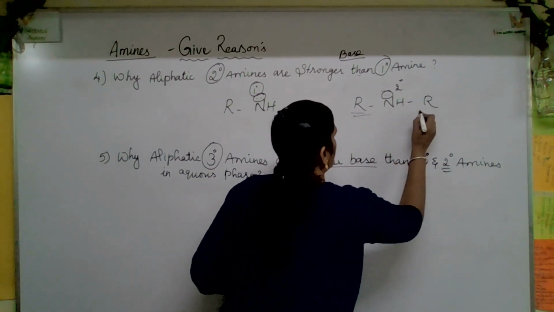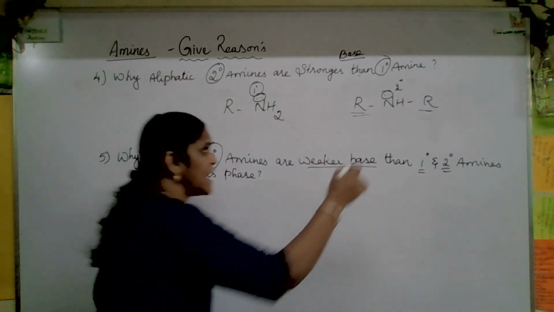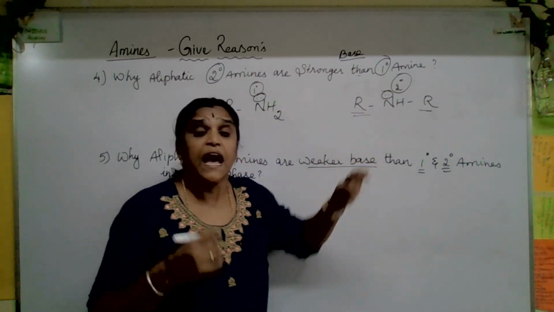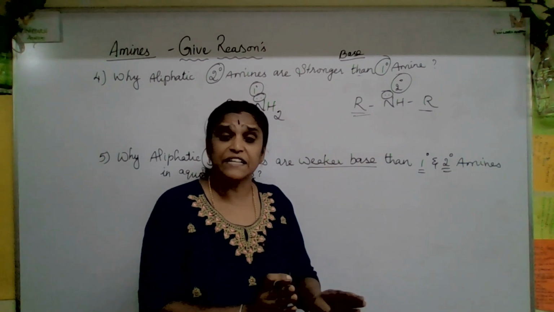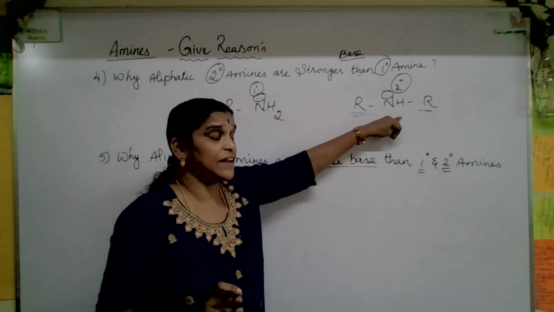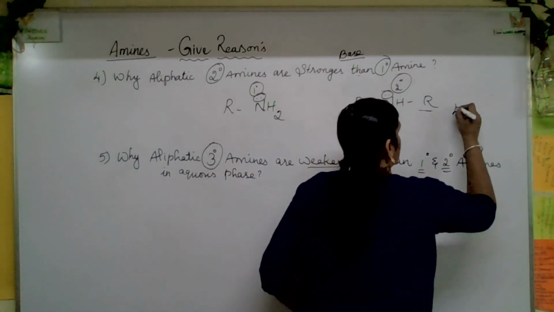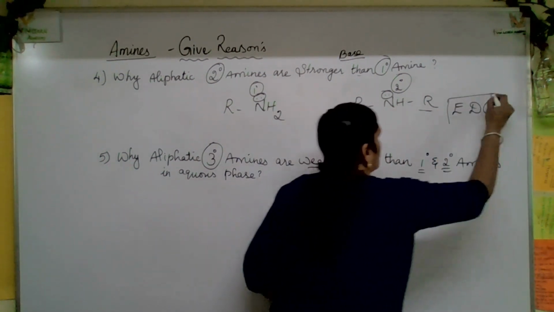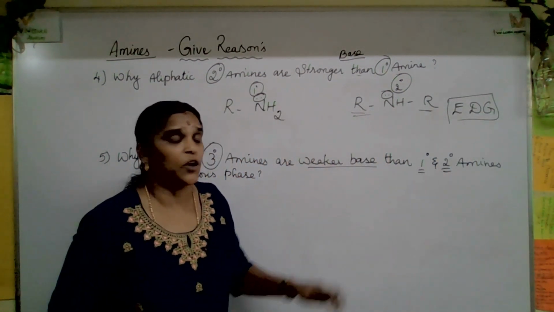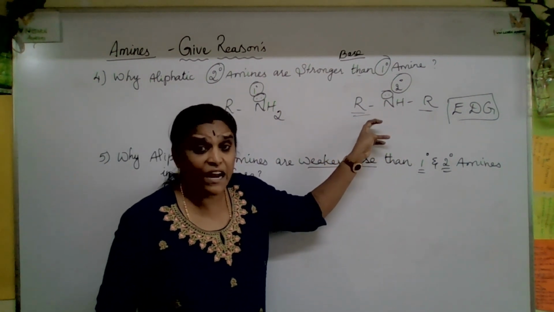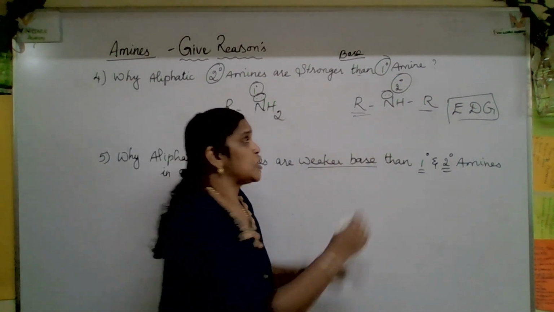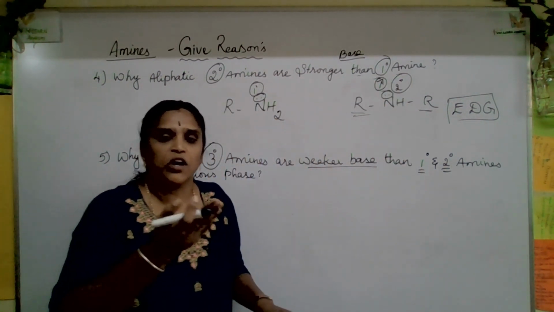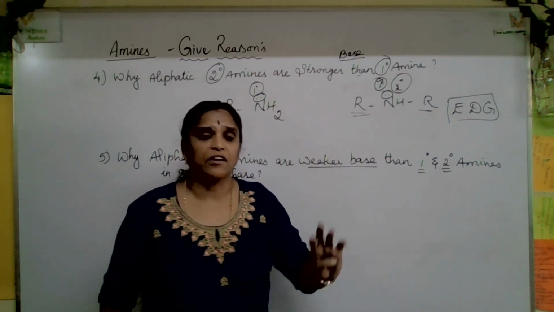In the secondary amine, the number of alkyl groups attached to the nitrogen having the lone pair is increasing. The alkyl group is an electron donating group, so naturally the electron density will be increasing and it is ready to donate the electron.